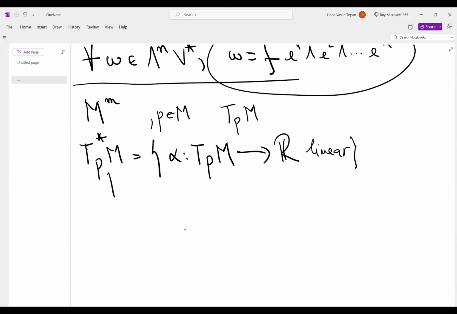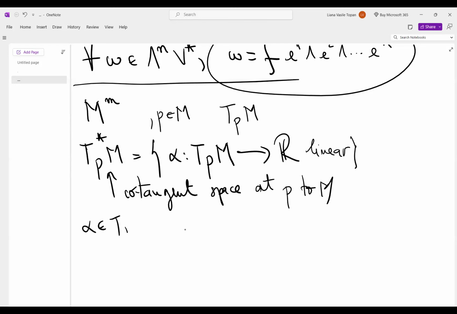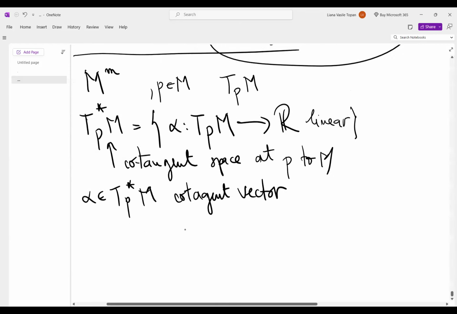And this is called the cotangent space at P to the manifold M. An element here is called a cotangent vector.